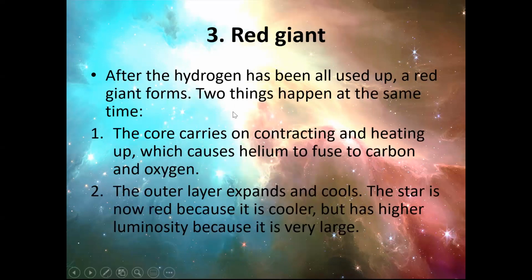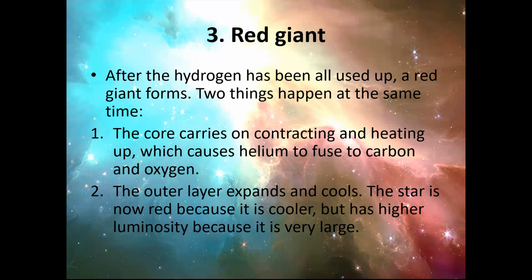The third part of the life cycle is that after the hydrogen gas has been used up, a red giant will form. Now that hydrogen gas is continuously burnt, but in some cases it will run out.